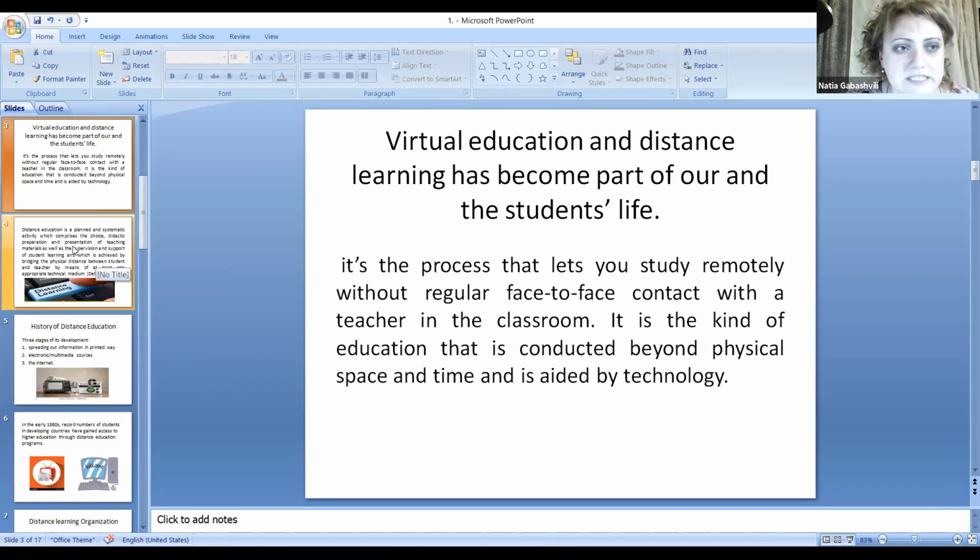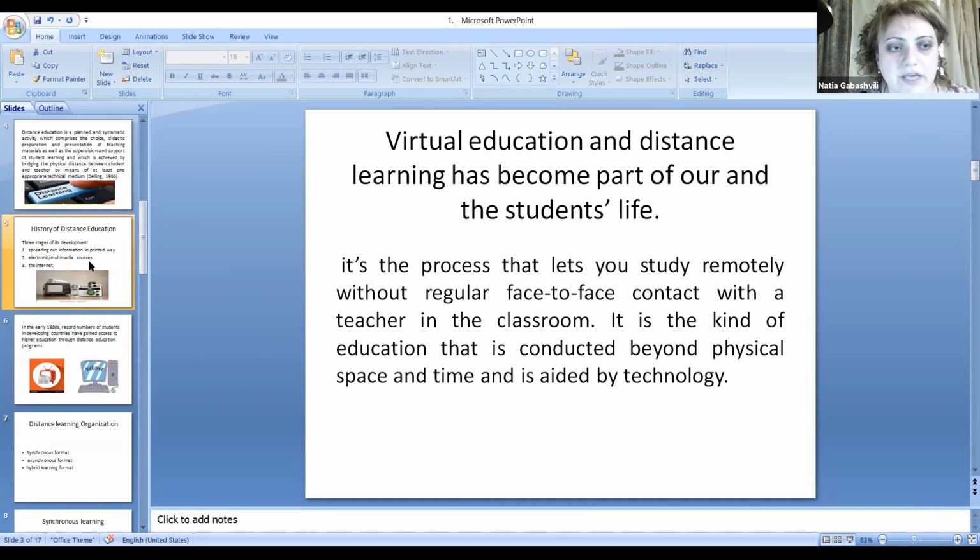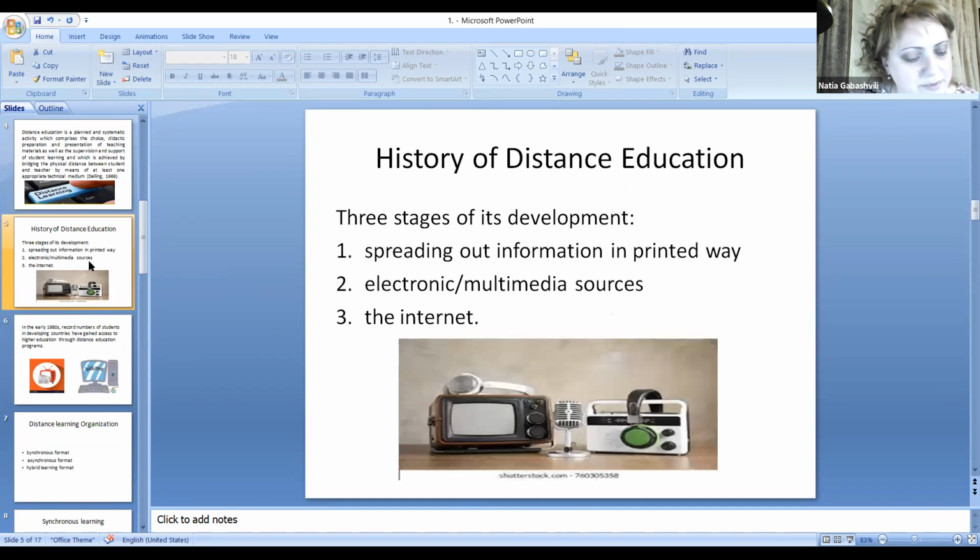Virtual distance education has lots of definitions, but the key definition is that it's the process that lets you study remotely without regular face-to-face contact with a teacher in the classroom. It's the kind of education that is conducted beyond physical space and time and is aided by technology. So distance education is not a new concept.